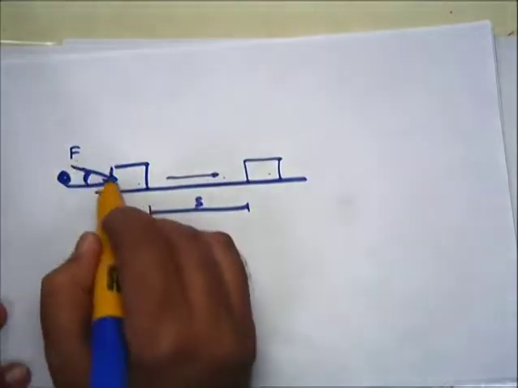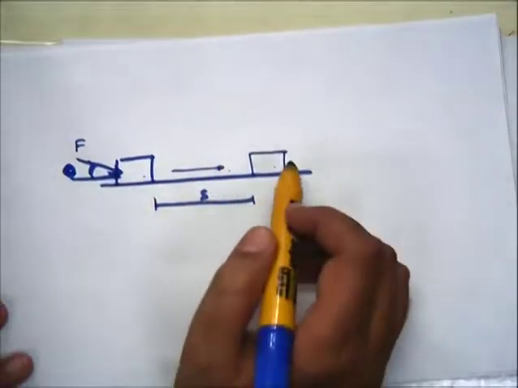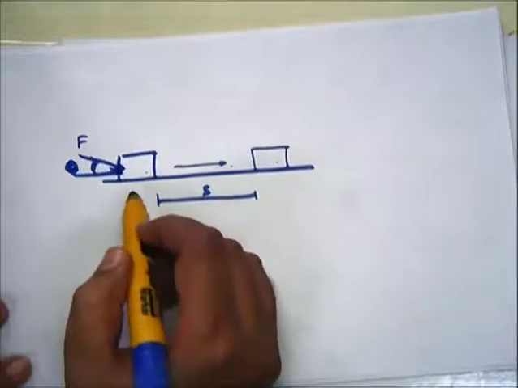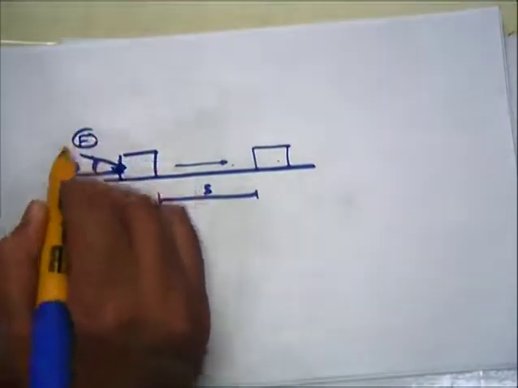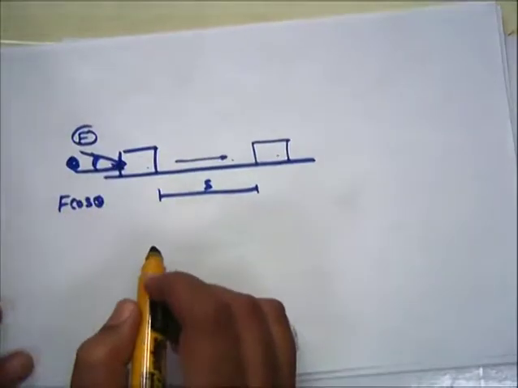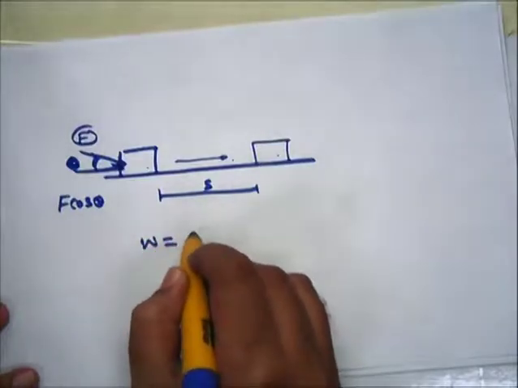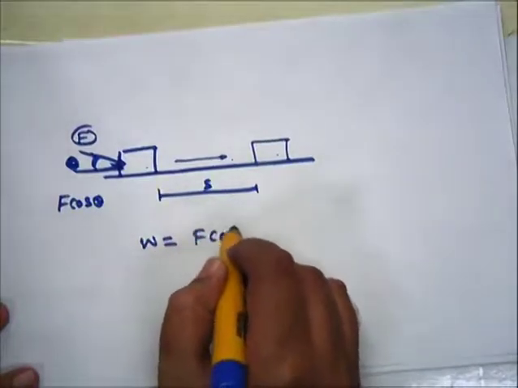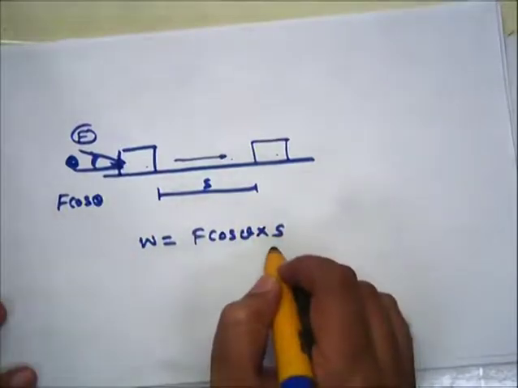So the direction of force and displacement are not the same. Here only the horizontal component of this force, which is F cos theta, we have to consider, and work done is nothing but F cos theta into S or D.